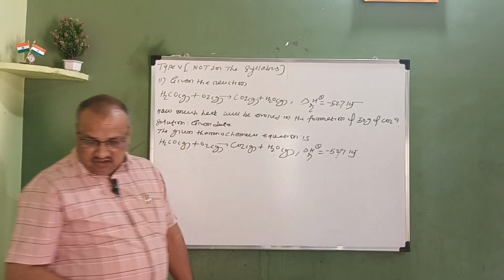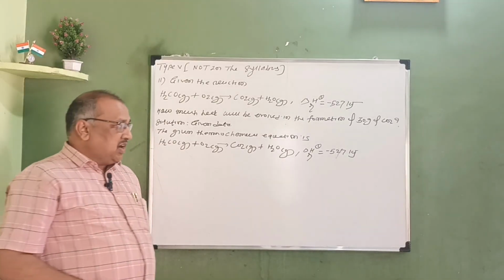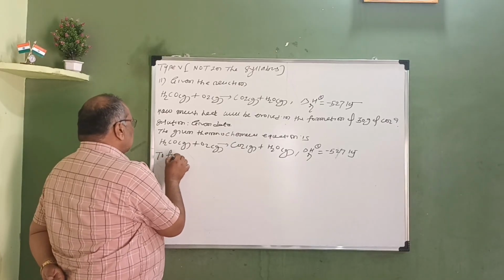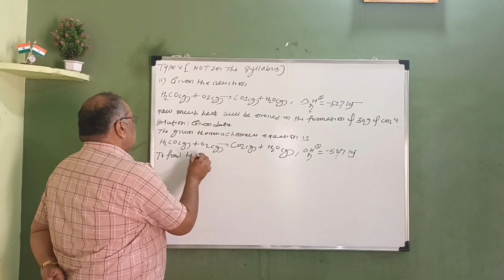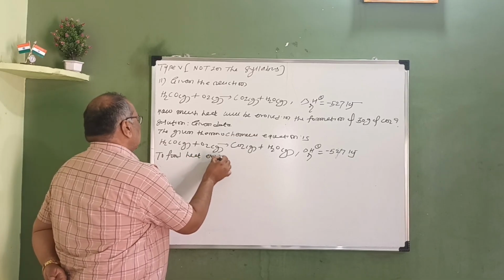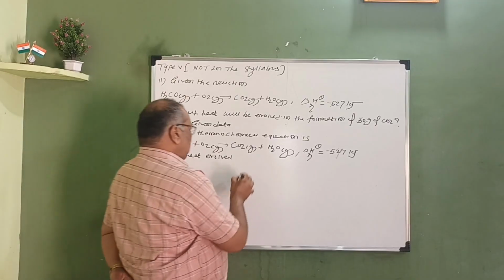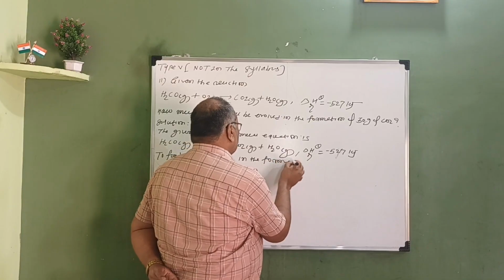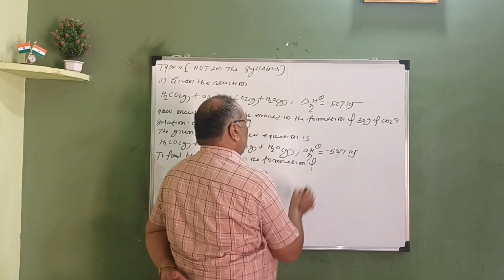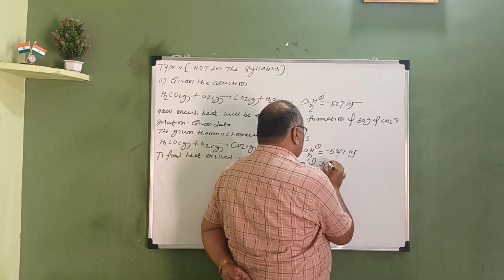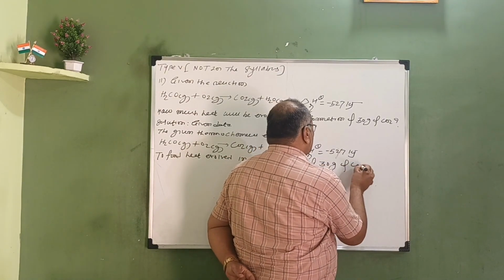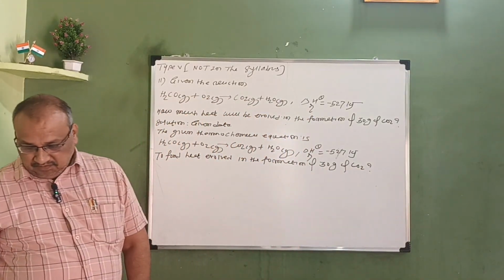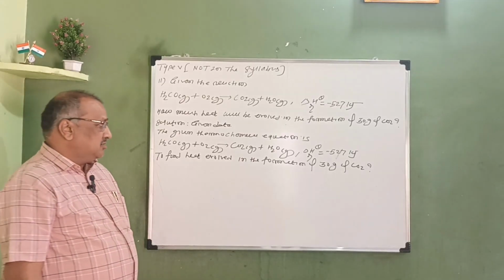Here to find heat evolved in the formation of 30 gram of CO2.